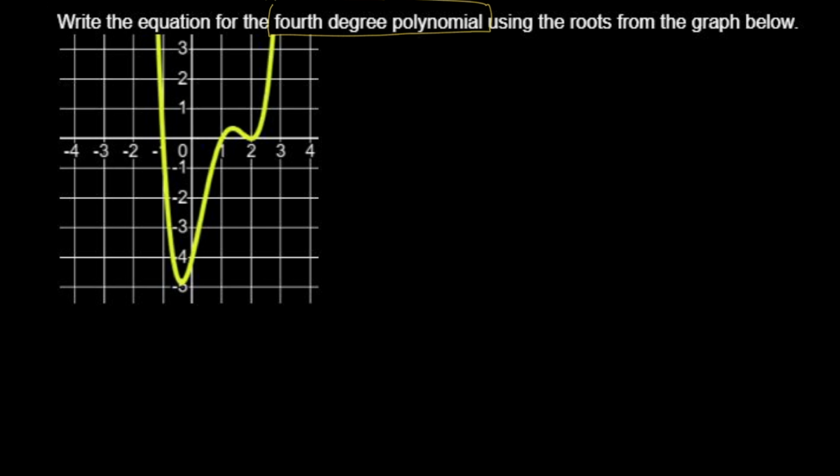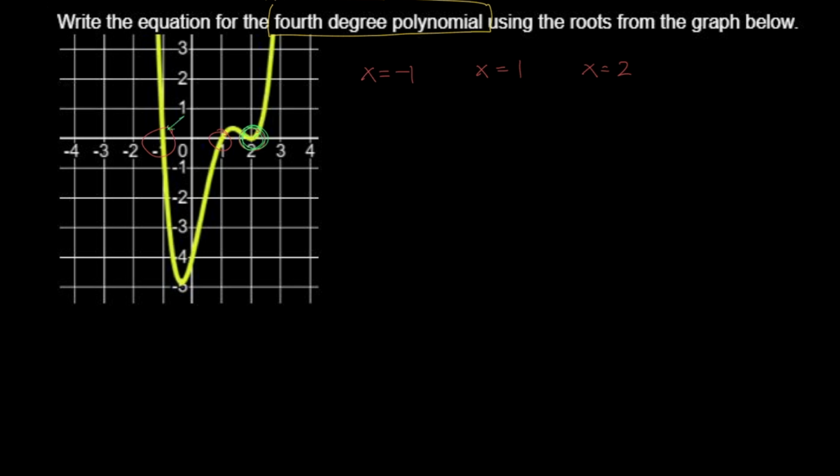And we will have exactly 4 roots if we count multiplicity and complex roots. So roots are also referred to as x-intercepts. You can see one x-intercept is x equals -1. We have another x-intercept of 1. And we have another x-intercept at 2. However, for the one at 2, you'll notice its shape is different as it relates to the x-axis.